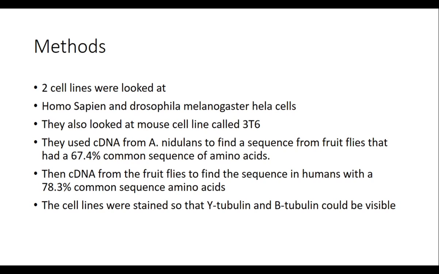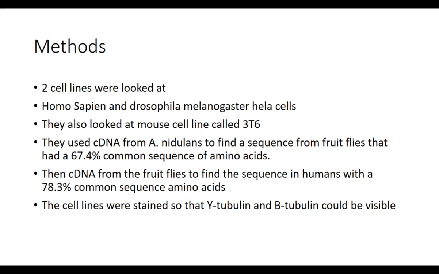But now they also needed to know, is it actually expressed? So they stained the cell lines with gamma and beta tubulin so they could be visible during mitosis. I'm not going to go into detail here, but because they had just discovered gamma tubulin, they went through a purification process after finding it, before they actually stained it, because they needed to make sure that the gamma tubulin antibodies would only bind to gamma tubulin.